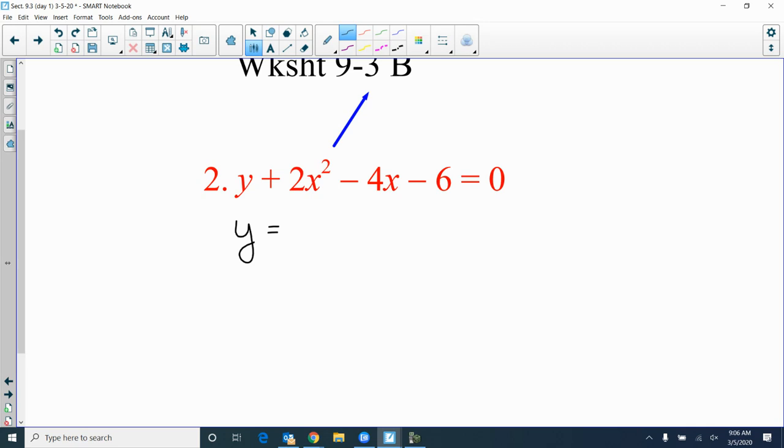Sign. So make it y equals negative 2x squared plus 4x plus 6. Now you'll graph it correctly. So for number 2, make sure you change that. Okay, that's it. 2 problems, exactly the same as we did. Same idea.